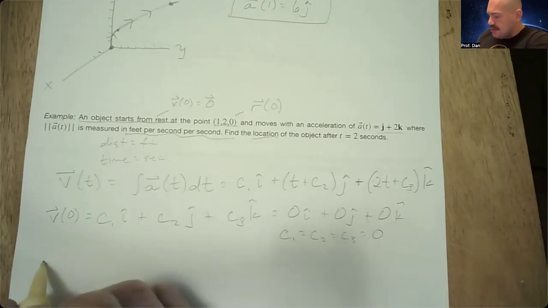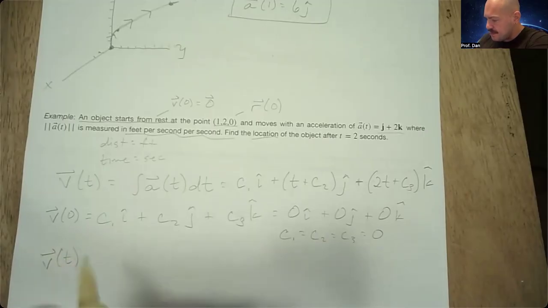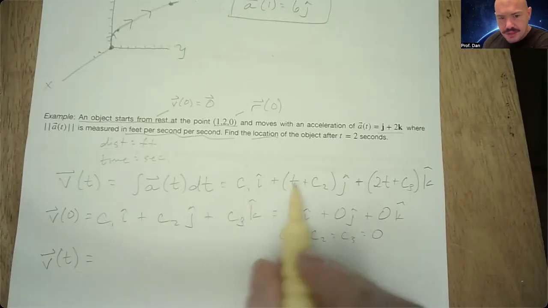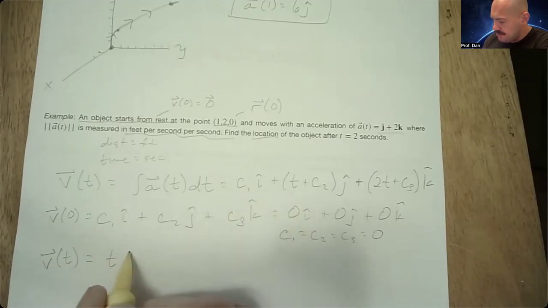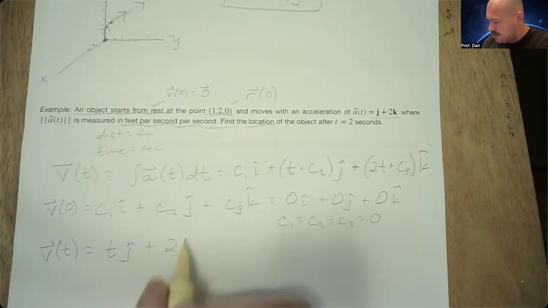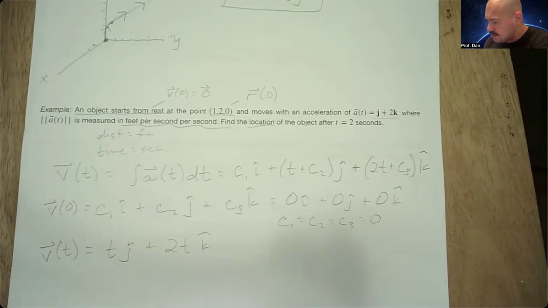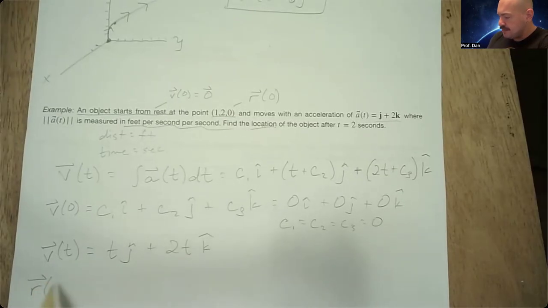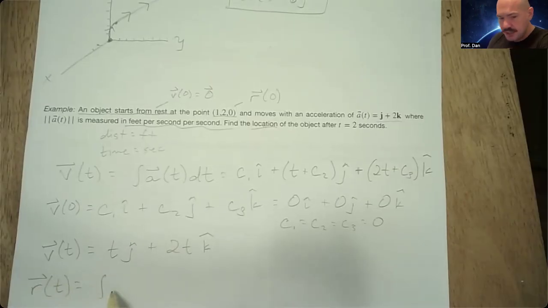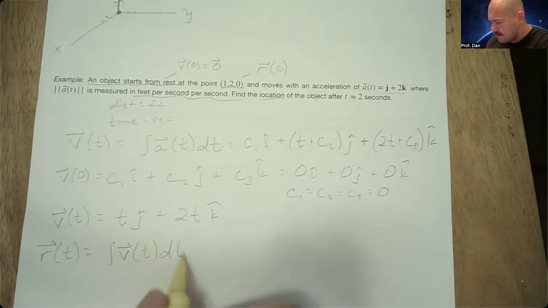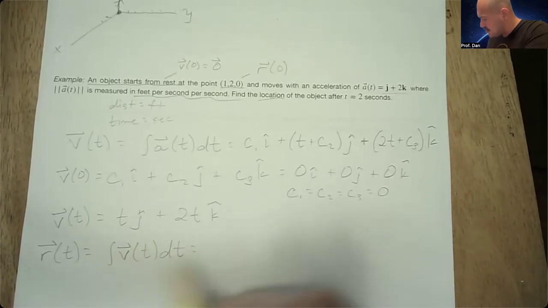So the velocity vector will not have an i component. t would be the j component, and 2t would be the k component. Now, if I want to get my position vector, I have to take the integral of the velocity vector. So that's going to give me, again, another constant.